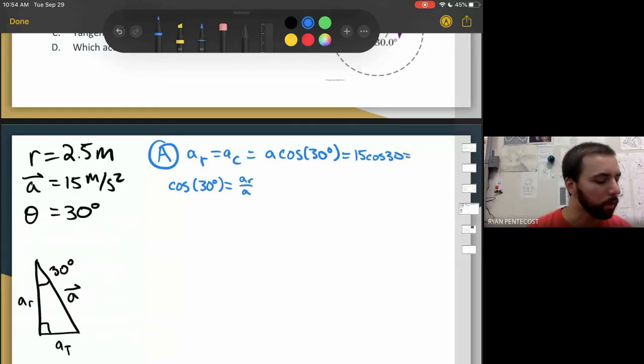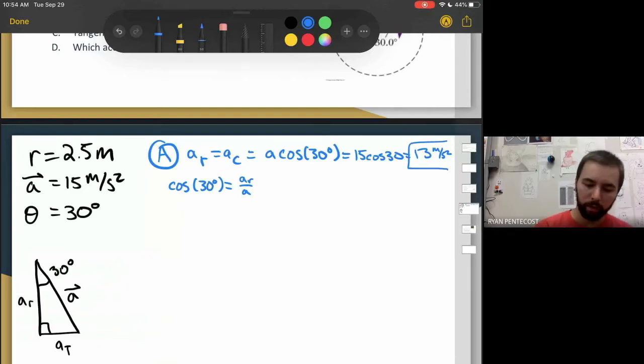That comes to 12.99. We'll call that 13, in meters per second squared. So that is our radial acceleration.